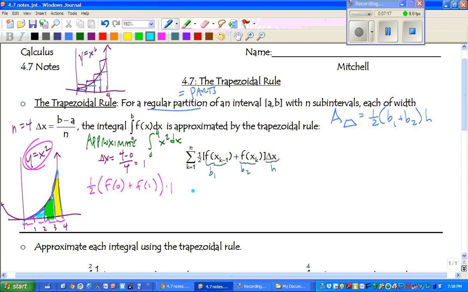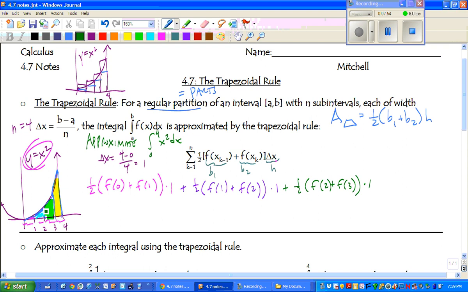Now, if we go ahead and do the second interval, we're going to have 1/2 again. Let me change that color. 1/2 times f of 1, because that's the start of our interval, plus f of 2 times the same delta x, which is 1. Then 1/2 times f of 2 plus f of 3 times 1, going from 2 to 3.